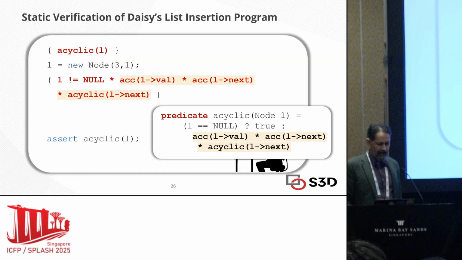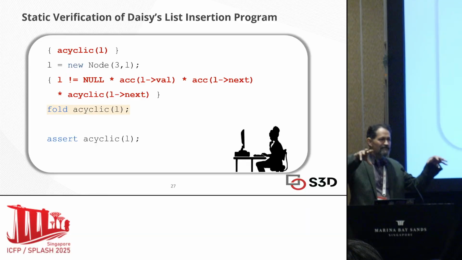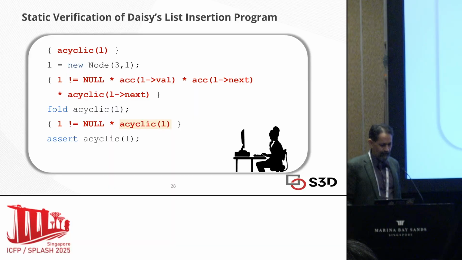So now if we look at this predicate, we see that the thing we know about L is exactly what we need to know to show that L is acyclic. And so we can do what's called a fold operation, which takes basically the pieces of an acyclic definition, the right-hand side, and folds it into an acyclic predicate. And now we can say, okay, I have an acyclic list, happens to be one element longer. I didn't specify that. I could by putting like an index on the acyclic predicate if I wanted to. So that's how we prove this code statically.